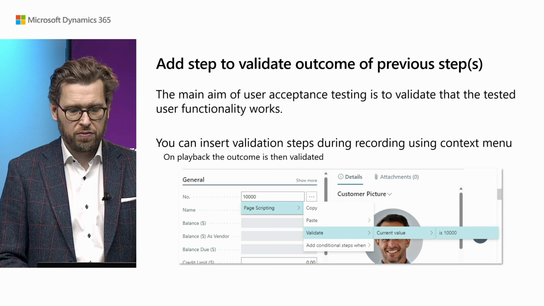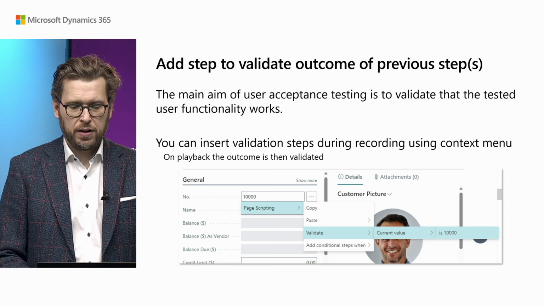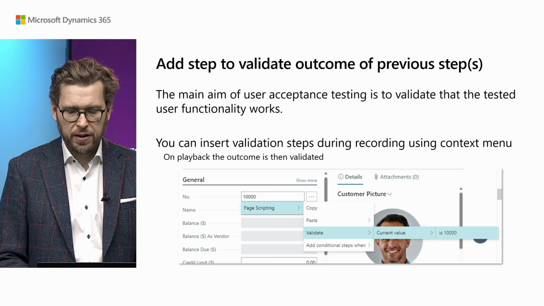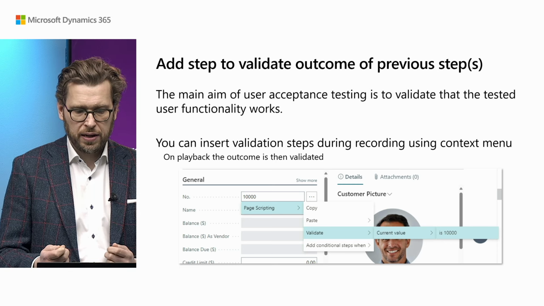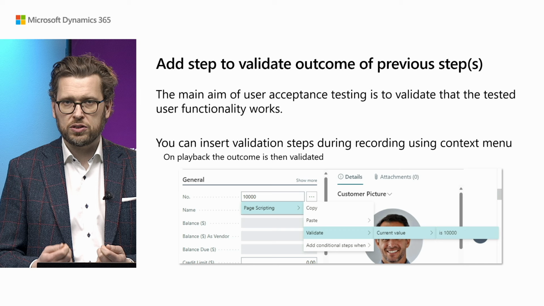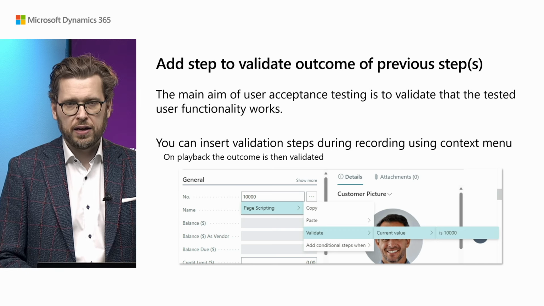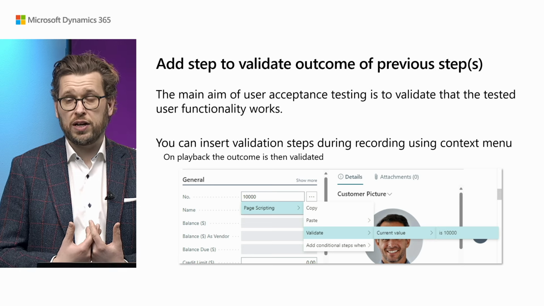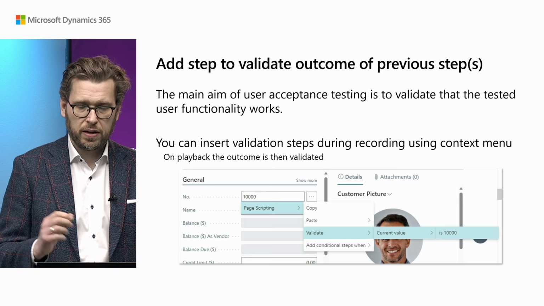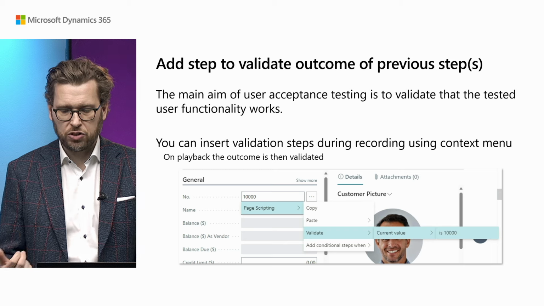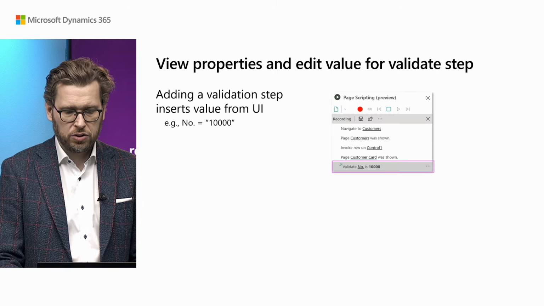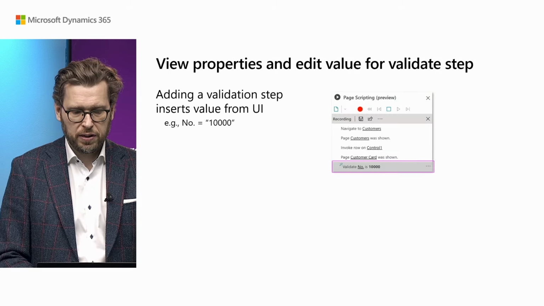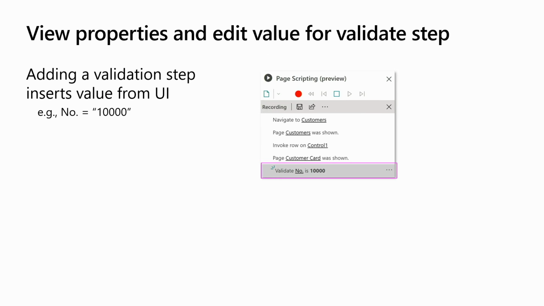Here we have right-clicked the number in the General FastTab, and you can see that you have a Validate submenu, and part of that has an option for validating whether the current value is 10,000. By invoking this option, it will insert a step in the script, as we are seeing here, to validate that the number indeed is 10,000.